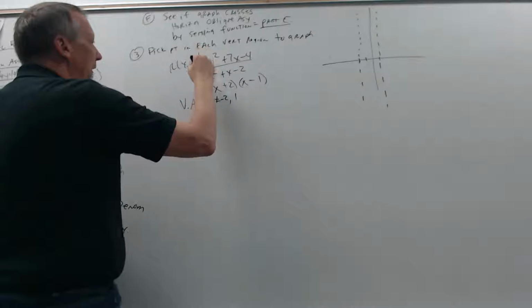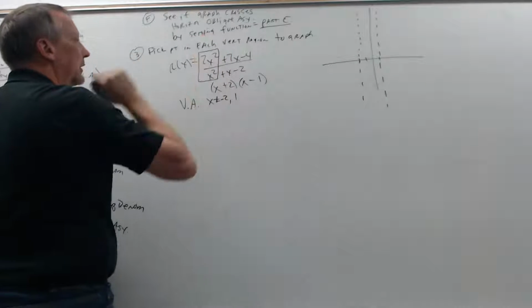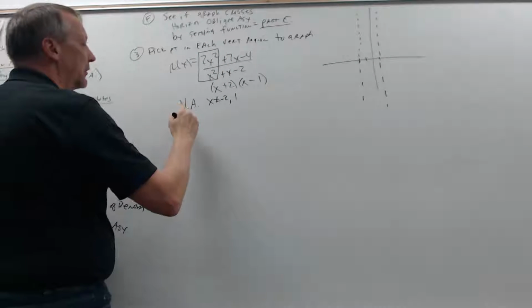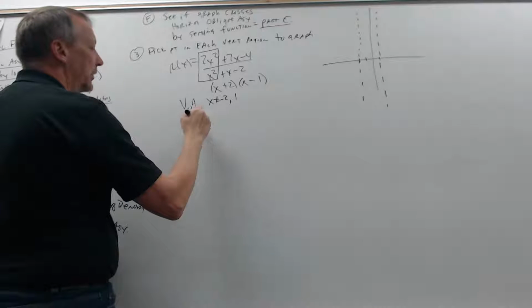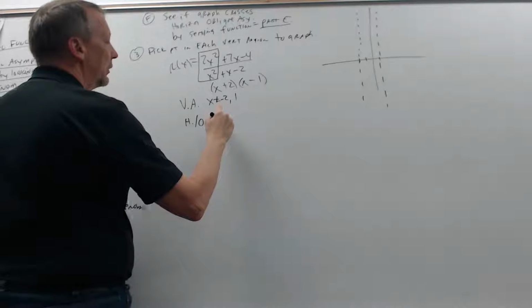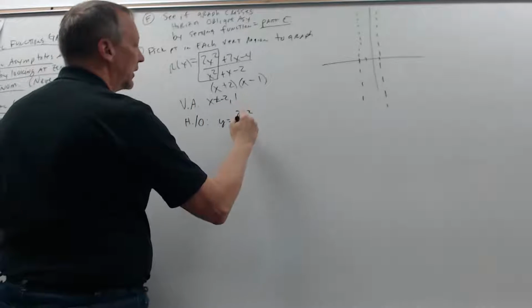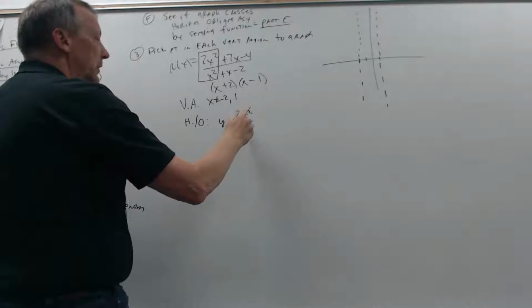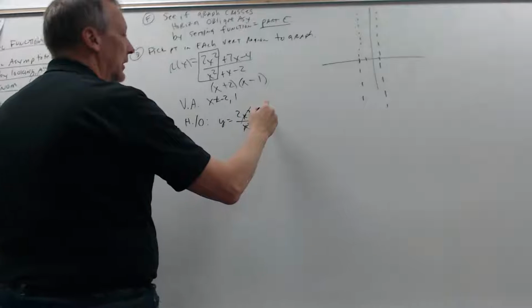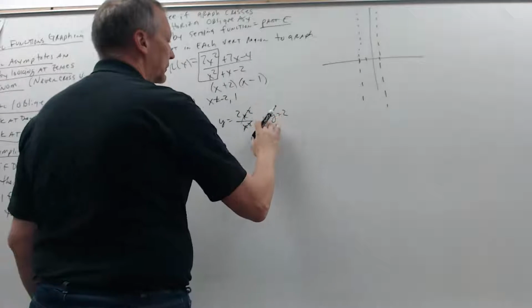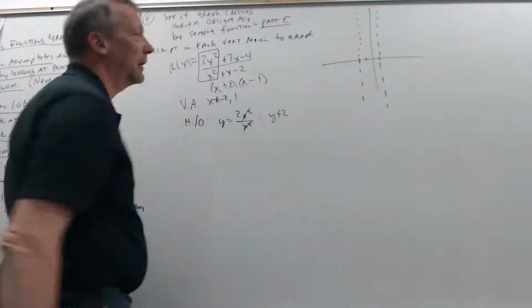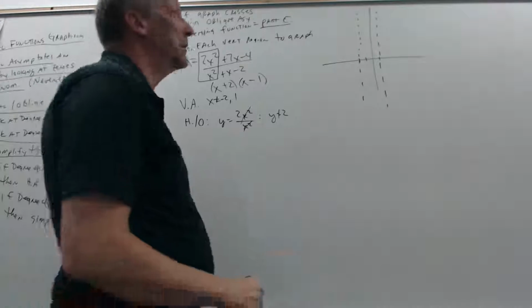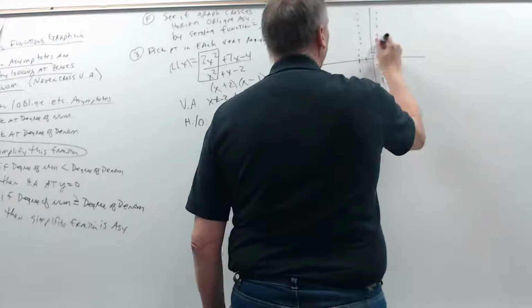So we only care about these first terms here. Okay? So for my horizontal slash oblique, I'm going to get y equals 2x squared over x squared, correct? I'm going to cancel those, and I'm going to get y equals 2. Or really, y cannot equal 2, except for maybe it can. I guess maybe I shouldn't do that.